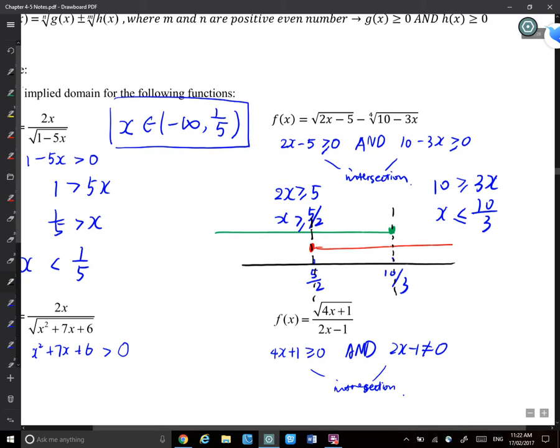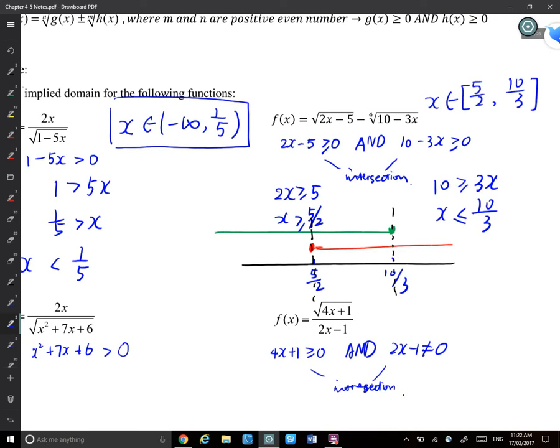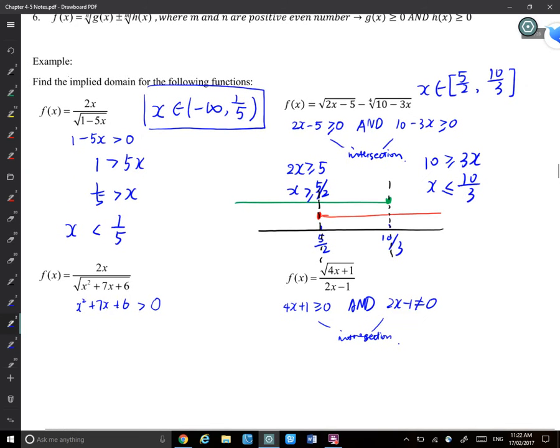So my x should be between 5 over 2 and 10 over 3 inclusive, because we can take those two points.